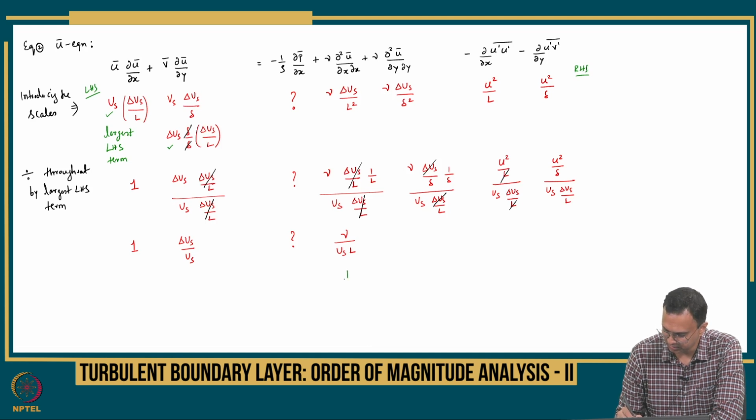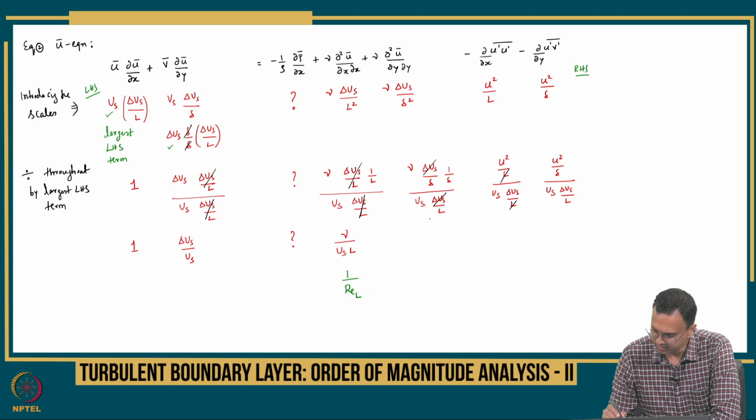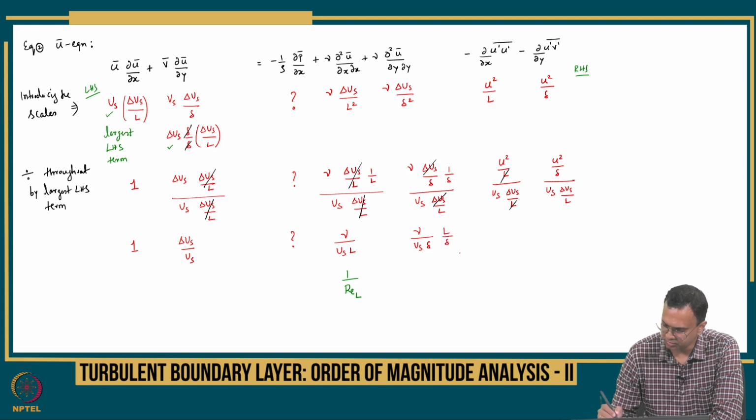So this is nothing but 1 by Re_L, and this particular term, similarly I have nu by, let's say, U_s delta, and I have the other term which is L by delta here. So if I write this, I would get 1 by Re_delta, L by delta, right? 1 by Re_delta L by delta.